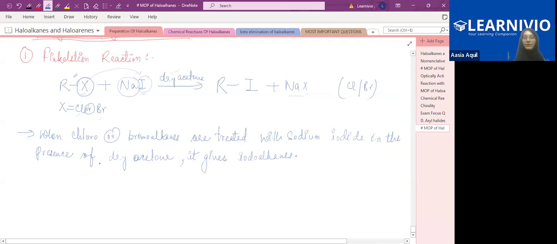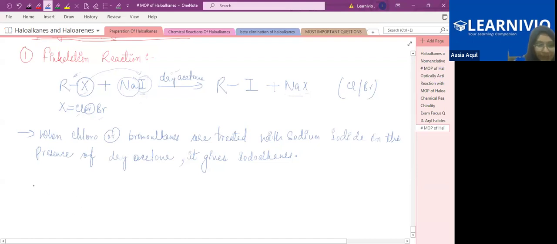Got my point? Lubna and Pusia? Yes, ma'am. So just remember the reagent we use in this reaction, and that it is the preparatory method for iodoalkane from bromoalkane or chloroalkane. The reagent we use is sodium iodide with dry acetone. So that's the Finkelstein reaction.